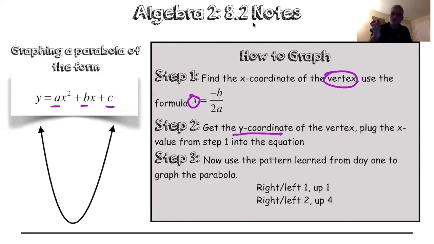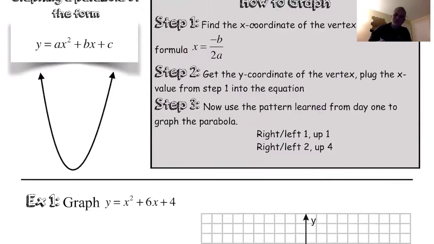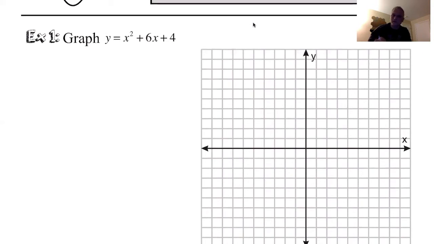You take whatever you just found in step 1 and substitute it in for x. There's your y coordinate. Once you have x and y, you put your dot in. And then we are going to go right and left and up, and that is going to be just like day 1 stuff. So the main new thing that we have is the whole opposite of b over 2a to find x.